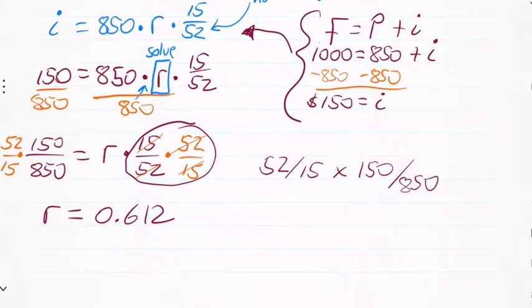And you think you're done because you think this is the APR, 0.612, but the problem is we want to write it as a percent, and this is one of the trickier things about percent, recognizing when you have to change a decimal into a percent. Most people understand how to change a percent into a decimal. So you have to understand when we're dealing with R here, this has to be written as a percent.